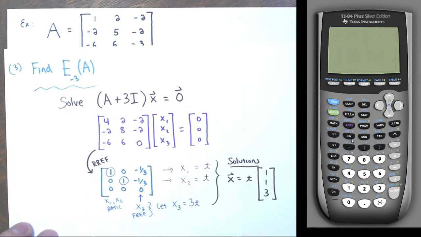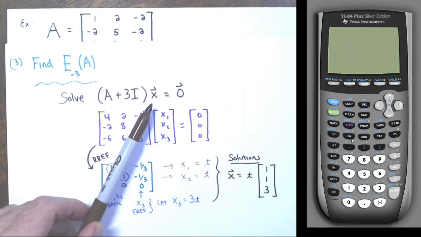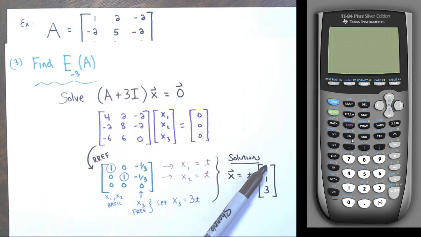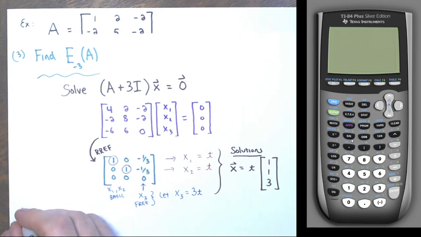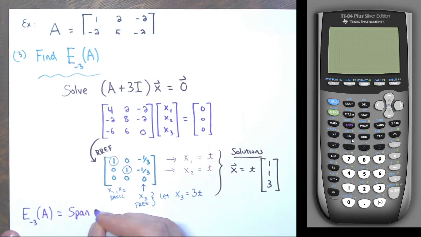Every solution of this equation is some scalar multiple of the vector 1, 1, 3. Another way to put that is that the eigenspace of A corresponding to -3 is the span of the set with just the vector 1, 1, 3 in it.